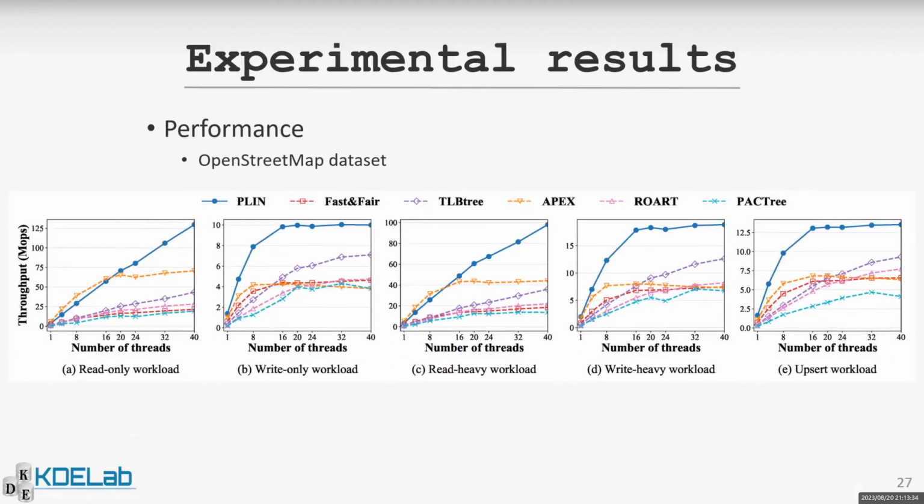On the OpenStreetMap dataset, peeling achieves the best performance on workloads with different read-write ratios. Although the read performance of peeling is lower than Apex when the number of threads is small, peeling has more robust scalability and better performance when there are more than 20 threads.